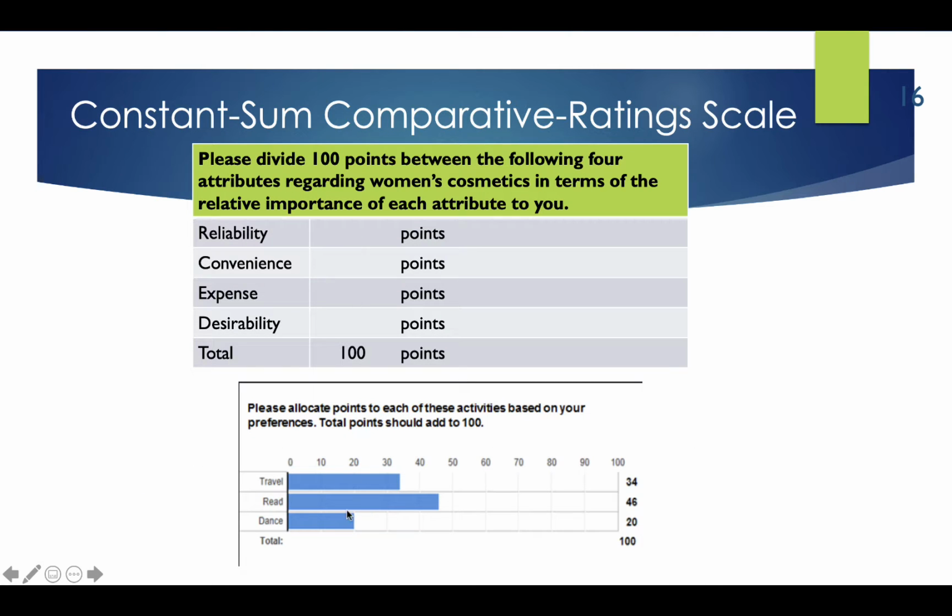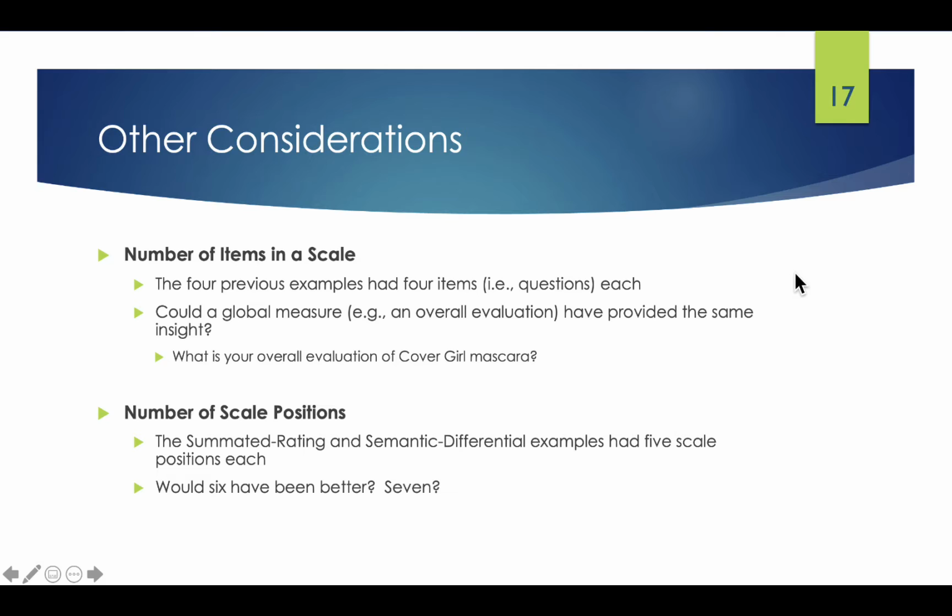Here I've got a little Qualtrics box. It's not these here, but it's: please allocate points to each of these activities based on your preferences. So they can use a slider to say, out of 100%, how are you going to divide it up? I always think those are kind of nice as well. But again, the more complicated the sliders and things like that you use, the more difficult the measurement is going to be when we analyze.